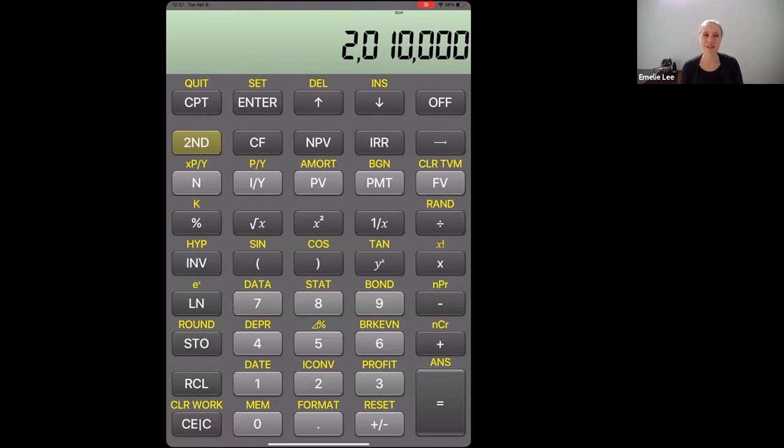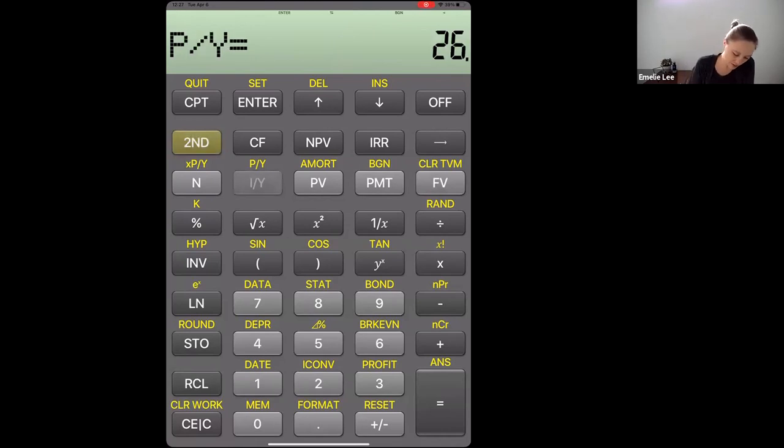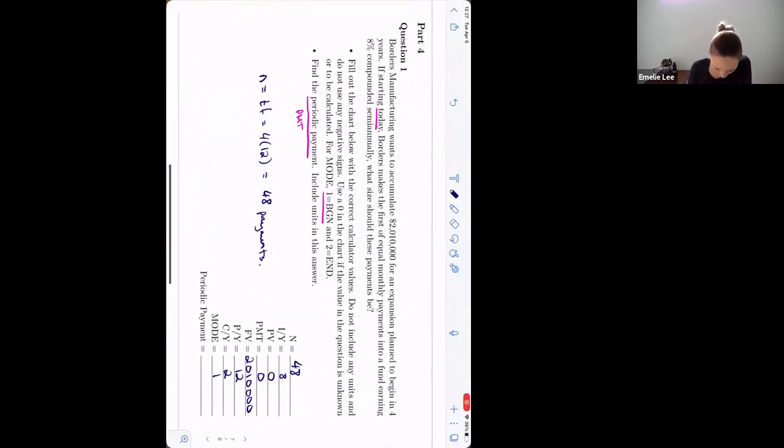I'll leave it positive because they need to get that money. So future value, you can play around with it. It's not going to actually affect it. Payments per year, I think they were making monthly payments. Enter. And compoundings per year, I think it was compounding semi-annually. Enter. Let me just confirm that.